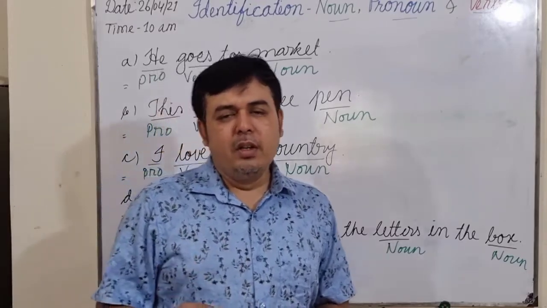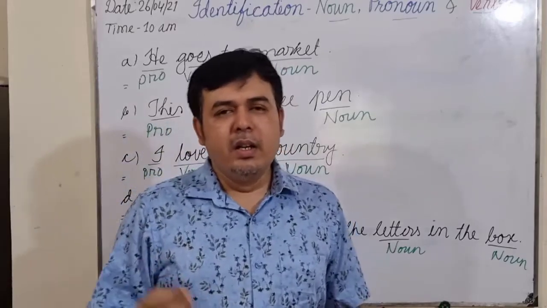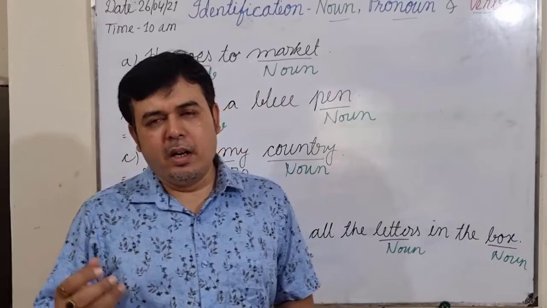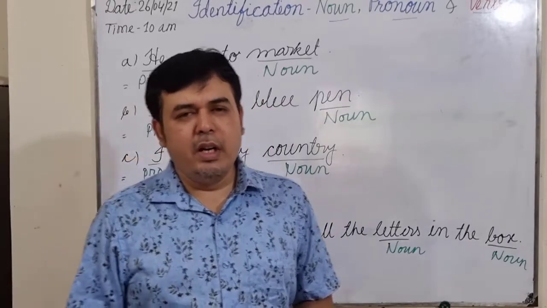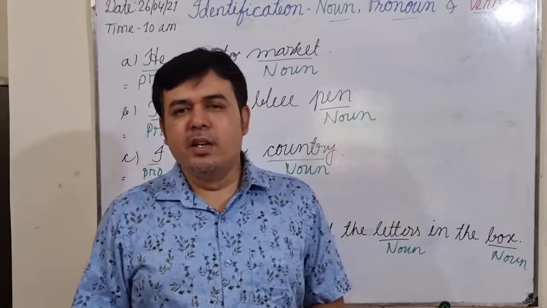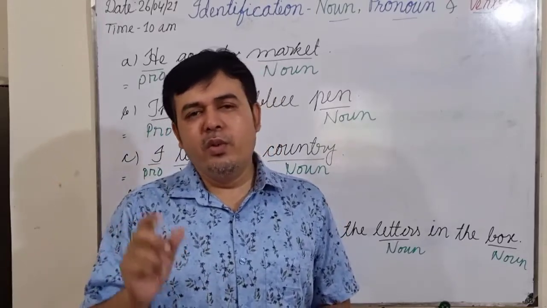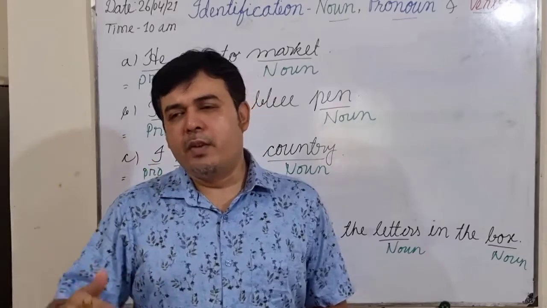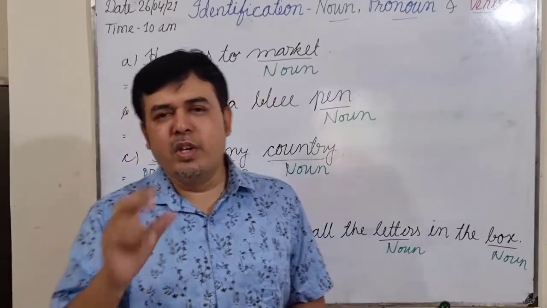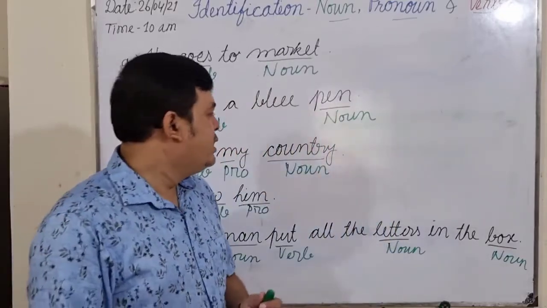For example, Rita is a good girl. Rita studies her books regularly. Rita can sing well. Rita can dance. So we don't use Rita all the time. We use Rita for the first time, and after that, in all the sentences, we use a pronoun like she. Instead of Rita, the pronoun will be she.